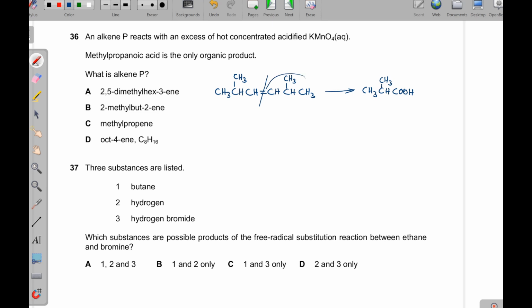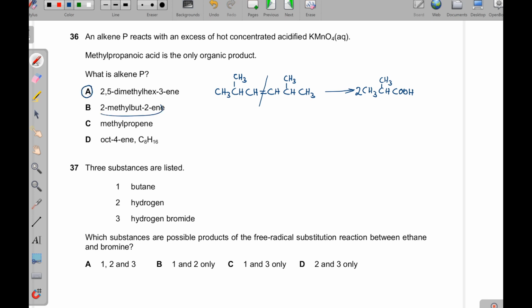And even this one, it is the same. CH3, CH, CH3, then COOH. You see? So we shall get two molecules of this. And this is 2-methylpropanoic acid. And actually, even if we don't say 2-methyl, because we are not going to have 1-methylpropanoic acid, that's why they don't put that 2 there. So it's therefore methylpropanoic acid. So I think the answer is A.